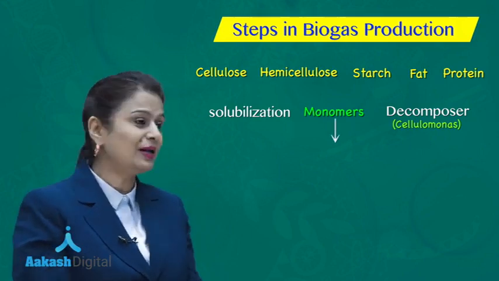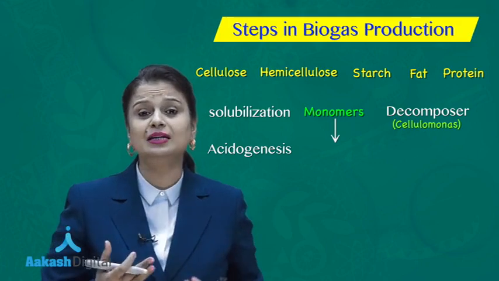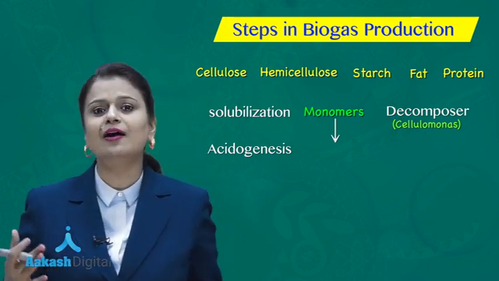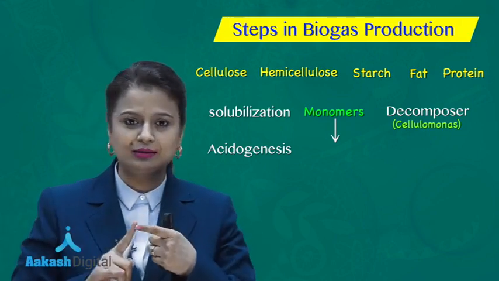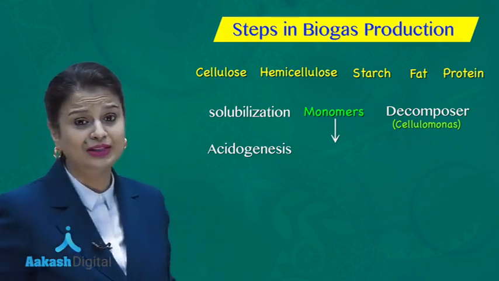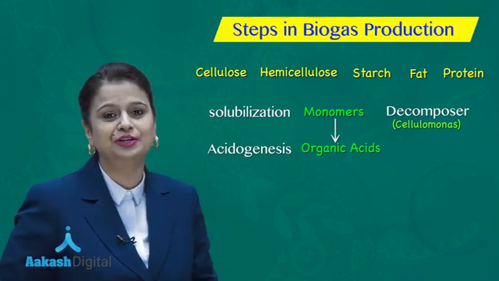Now, the next step is acidogenesis. Here we are going to use fermenting bacteria. Yes, in the 11th standard, you have learned about different types of fermentation like lactic acid fermentation, alcohol fermentation. Along with that, there is acetic acid fermentation, butyric acid fermentation.